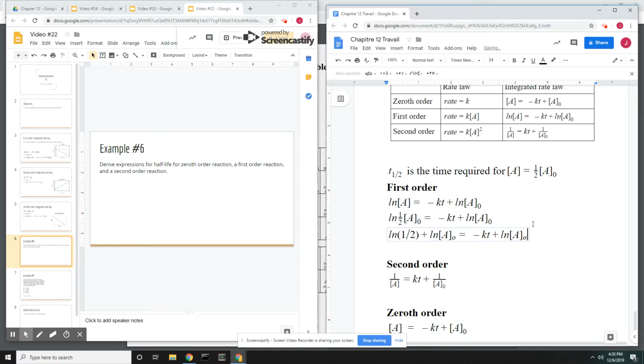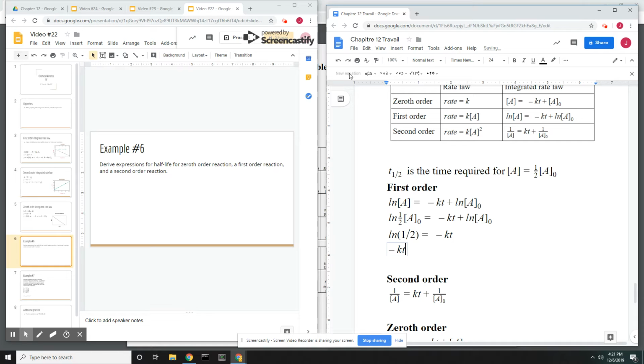Right, so I've got the plus ln of A0 on both sides. So I'm actually going to just remove it on both sides to save myself a little bit of time. I'm going to rewrite this as negative kt is equal to ln of 1 minus ln of 2. If you didn't already know this, the natural log of 1 is just 0.